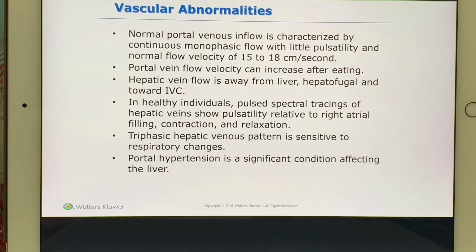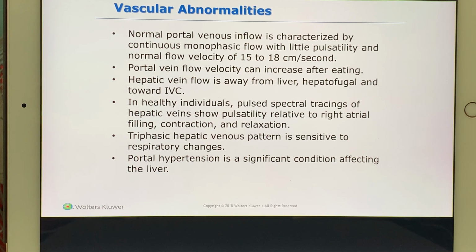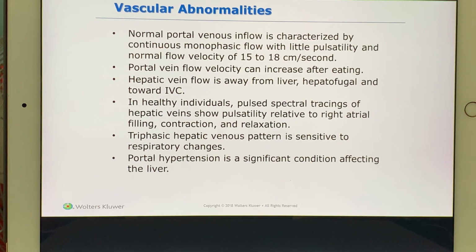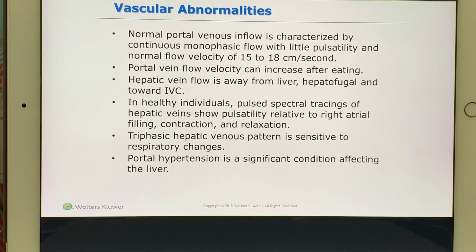So portal hypertension. There's two things that have to go along with that. The blood flow from the portal vein, which is the splenic vein and the superior mesenteric vein, they join at the confluence right underneath the head of the pancreas. Okay?